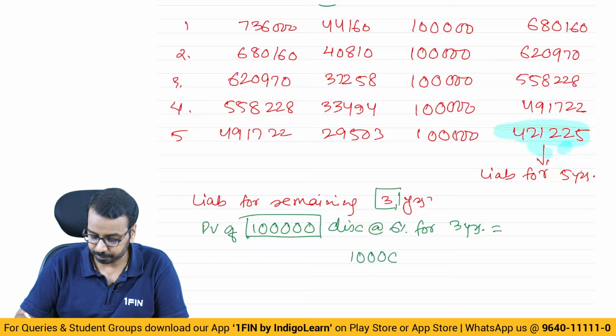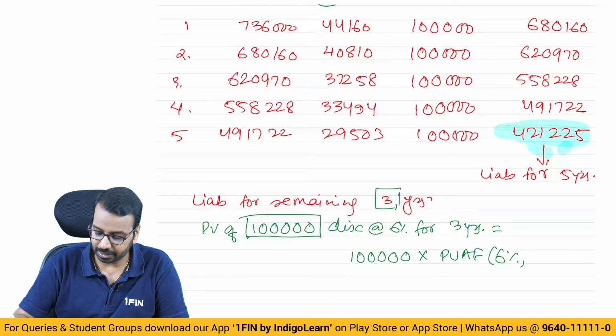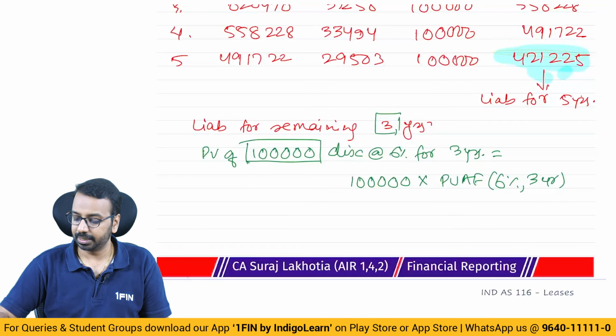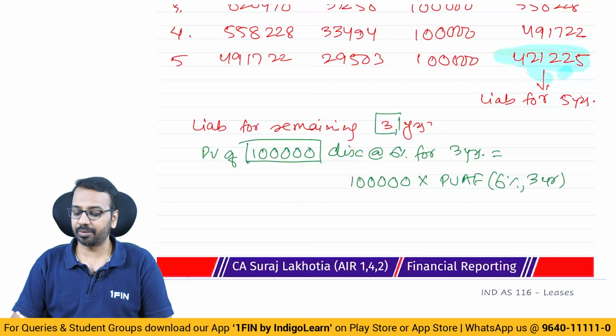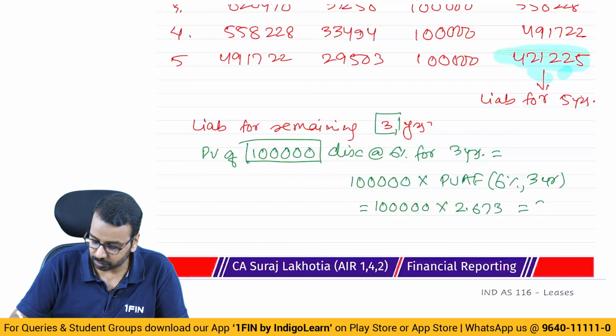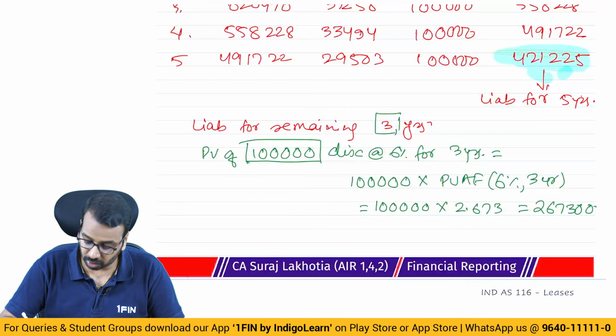That is 1 lakh into the present value annuity factor for 6% over 3 years. 1 divided by 1.06, and so on, the total is 2.673. So that is 1 lakh into 2.673, that is 2,67,300.